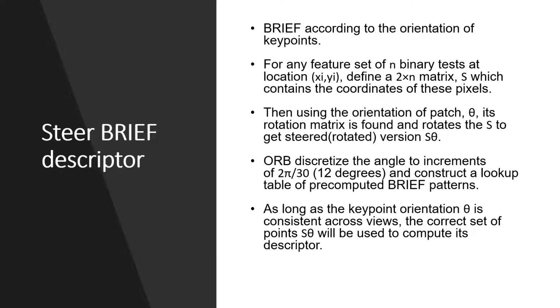ORB discretizes the angle to increments of 2 pi by 30, which is 12 degrees, and constructs a lookup table of pre-computed BRIEF patterns. As long as the key point orientation theta is consistent across views, the correct set of points S theta will be used to compute the descriptor.